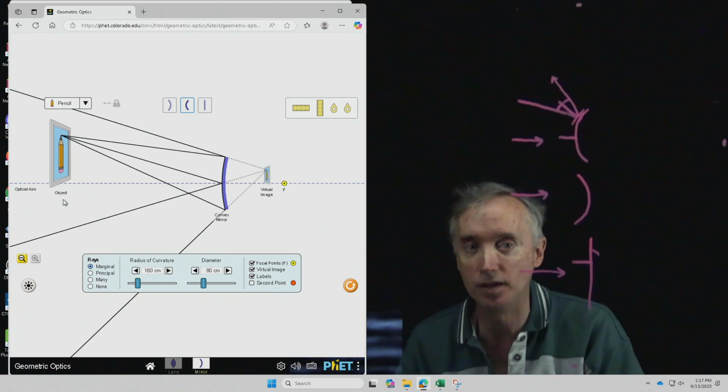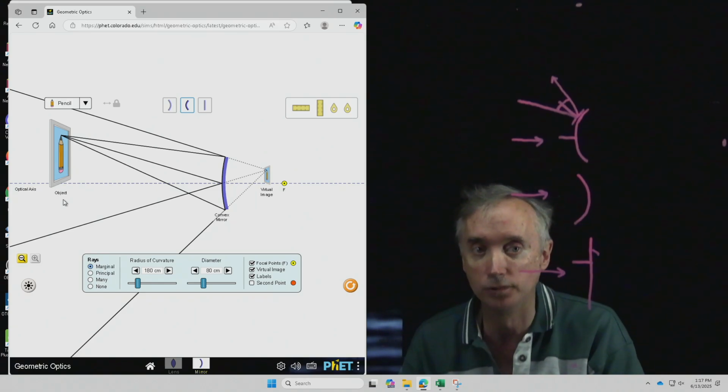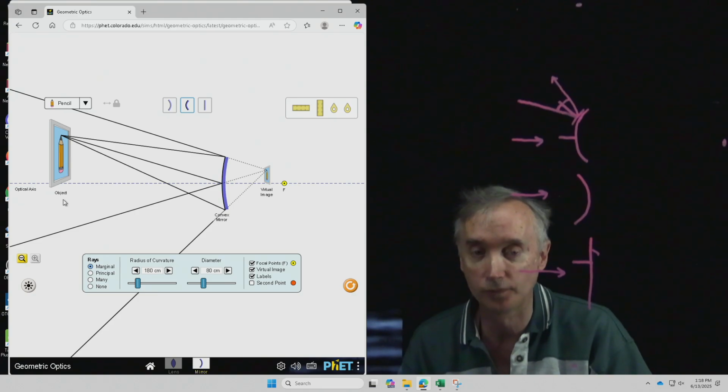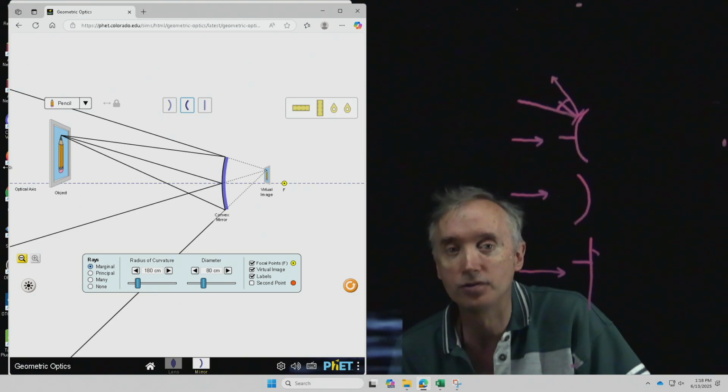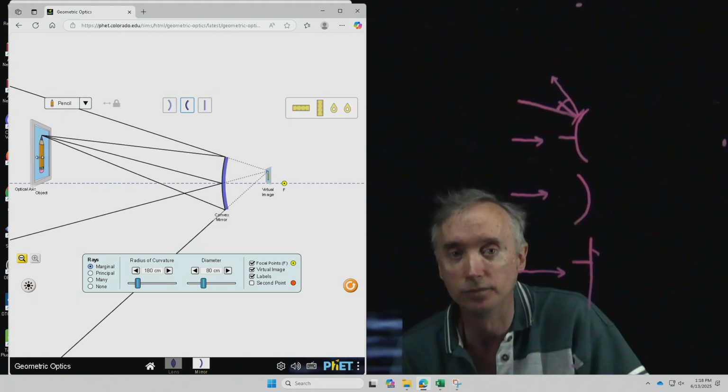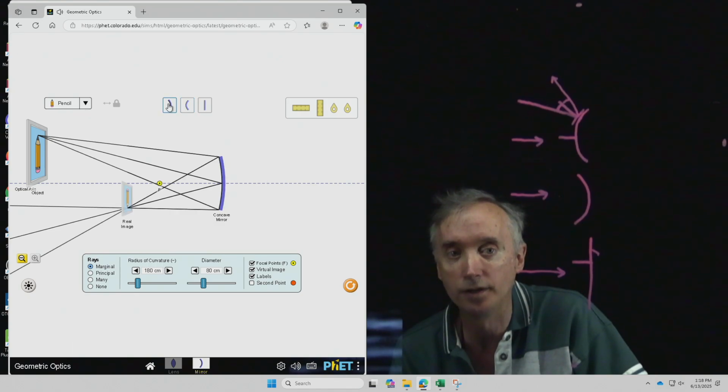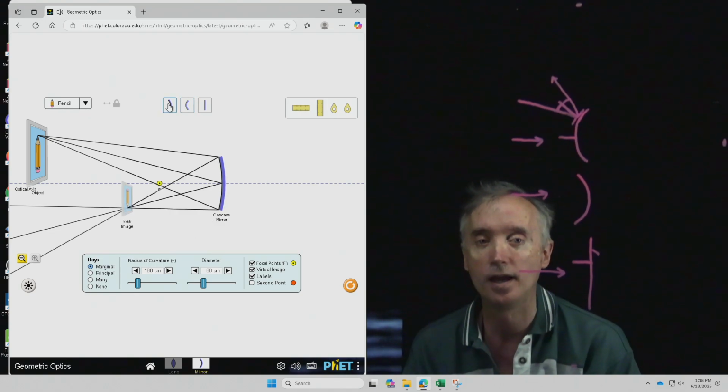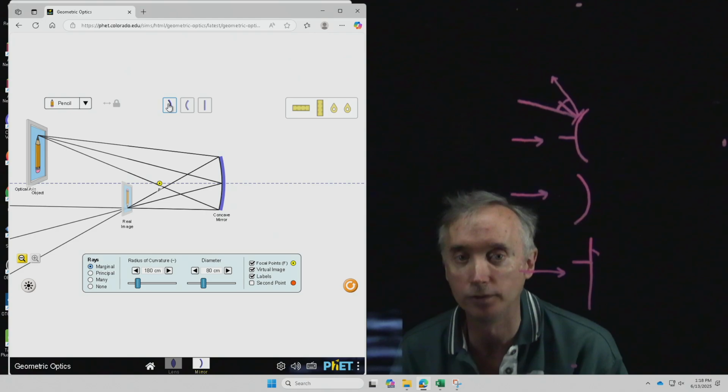Does the size of the image change, and if so, how? And does the orientation of it change? Now put it back over here, and instead of the convex, we're going to do the concave. Click on the concave, and you're going to repeat the experiment.